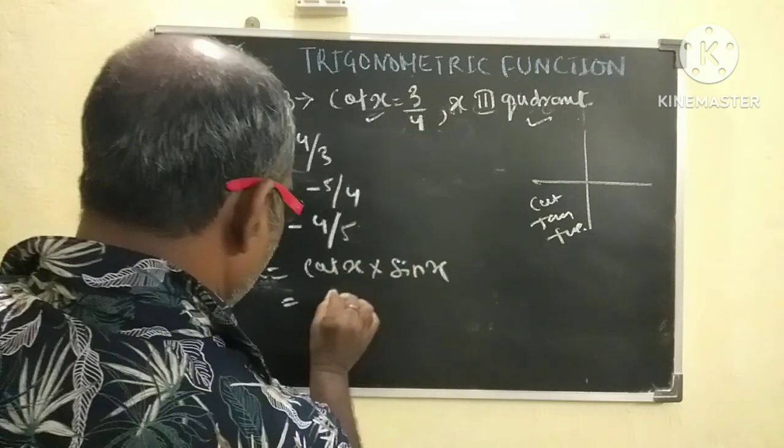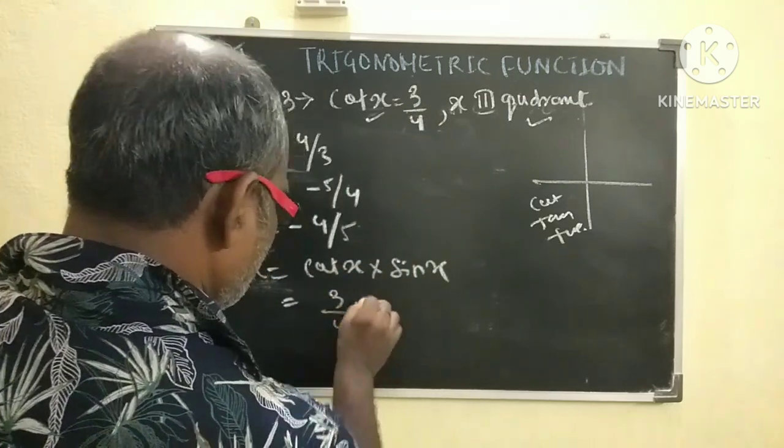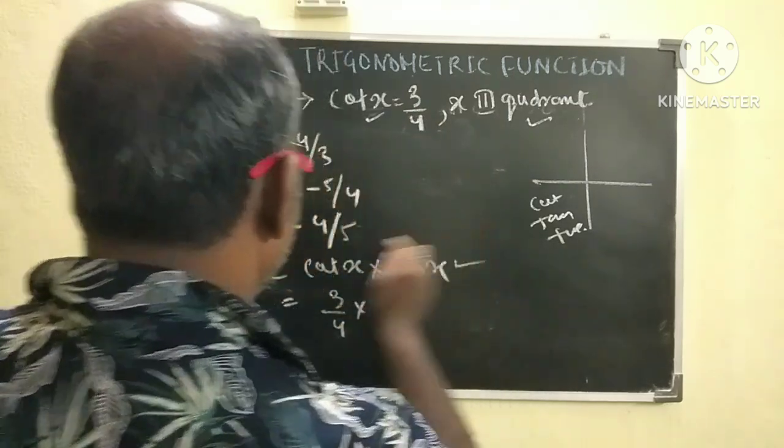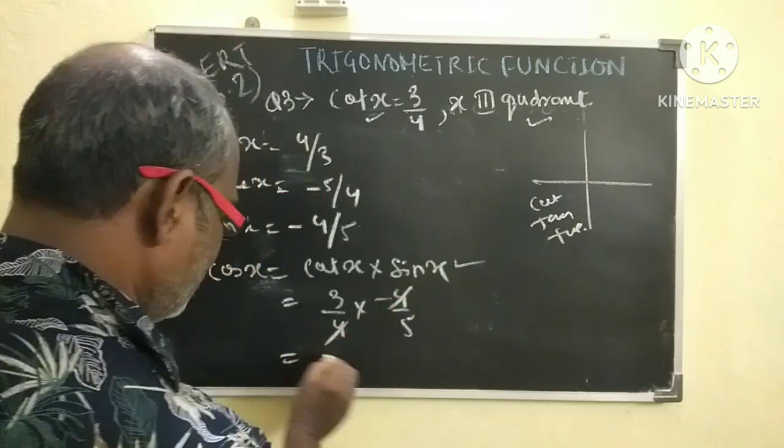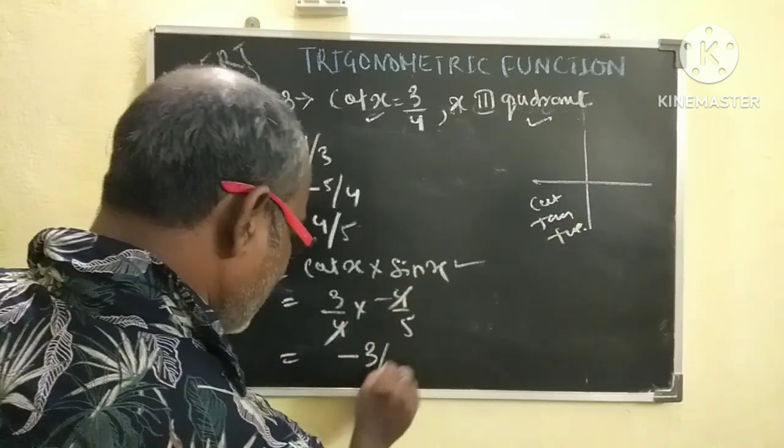Here cot x is 3 by 4 and sin x is minus 4 by 5. It gets cancelled, becomes minus 3 by 5.